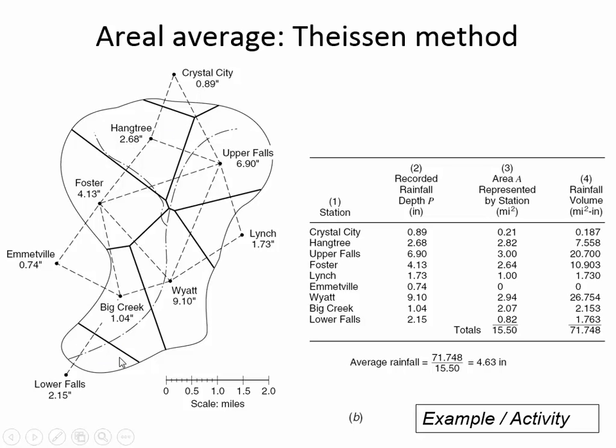And Lower Falls, if we drew the line between Big Creek and Lower Falls, even though it's outside of the watershed boundaries, that precipitation depth is going to be assigned to the segment of the watershed that's closest to Lower Falls.